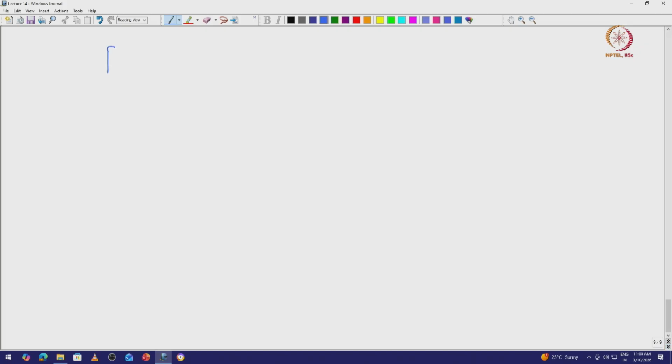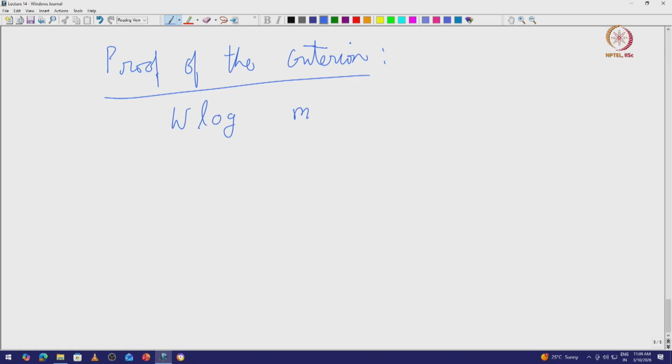Okay, so proof of the criterion. Right. So, first of all, without loss of generality, m is 1. So, what is m for us?